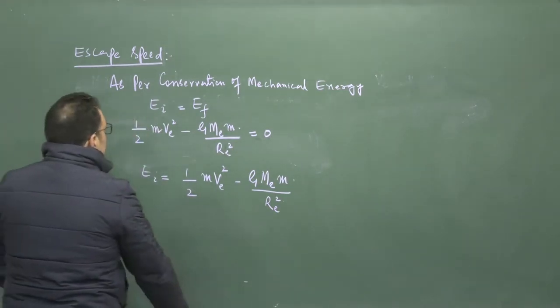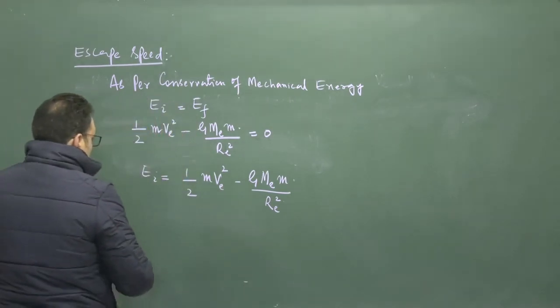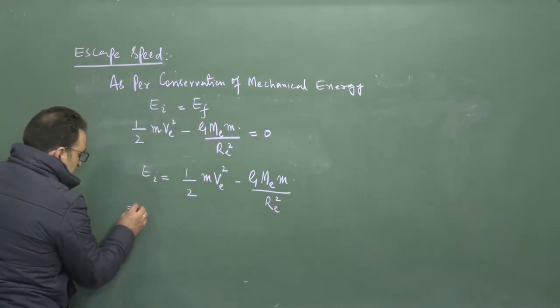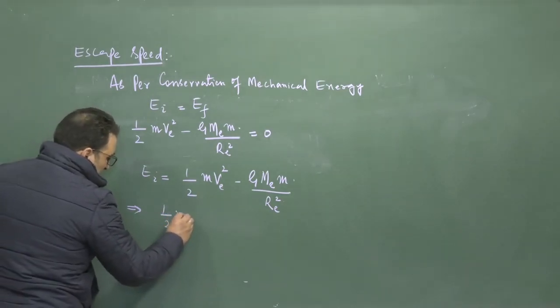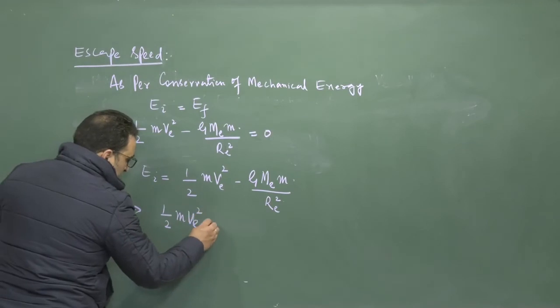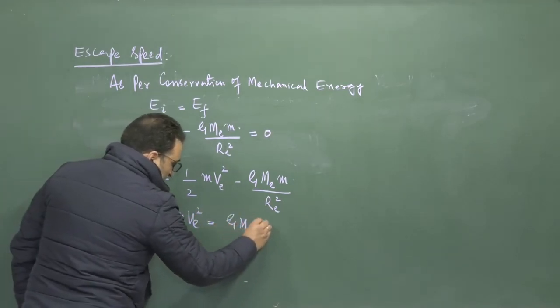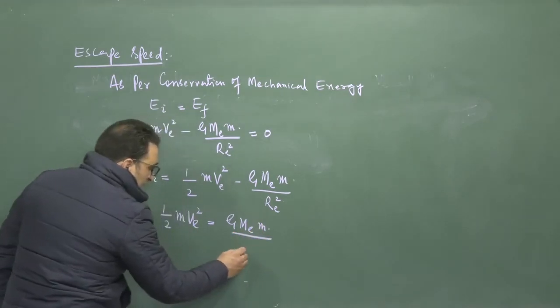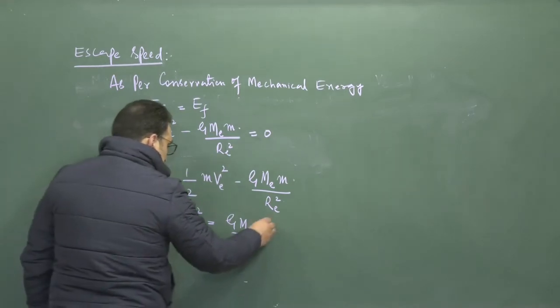This is the statement as per the conservation of mechanical energy. Or we can write this as half of m v_e square is equal to G M_E m by R_E. Now this m and m cancel.